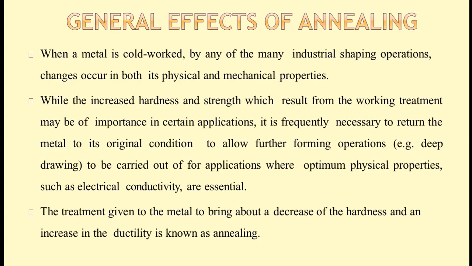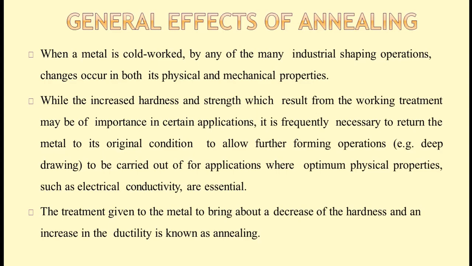While the increased hardness and strength resulting from working may be important in certain applications, it is frequently necessary to return the metal to its original condition to allow further forming operations, such as deep drawing, or for applications where optimum physical properties such as electrical conductivity are essential.